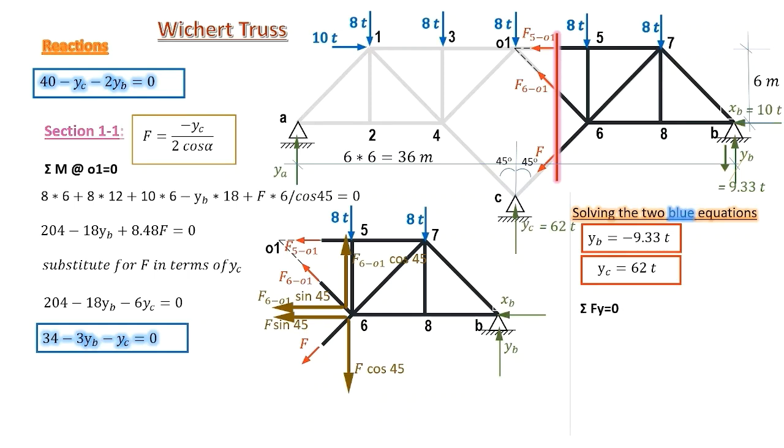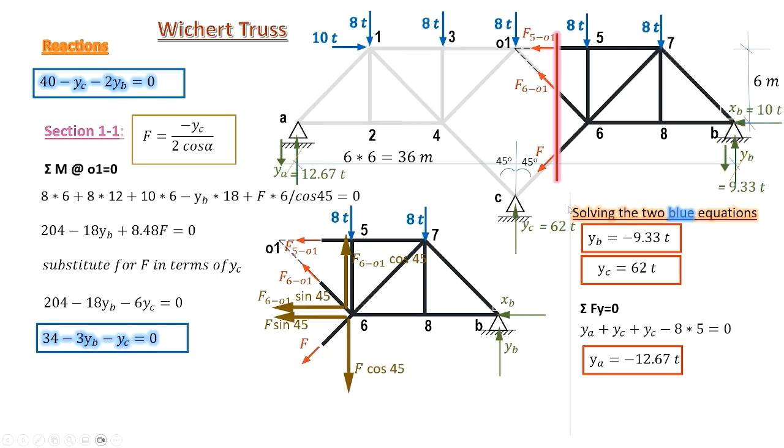Taking sigma forces in the y direction equals 0 for the whole truss, we compute that YA equals minus 12.67 tons, heading downwards, and is plotted on our diagram. The 8 multiplied by 5 here is really 8 tons repeated 5 times on the truss here.